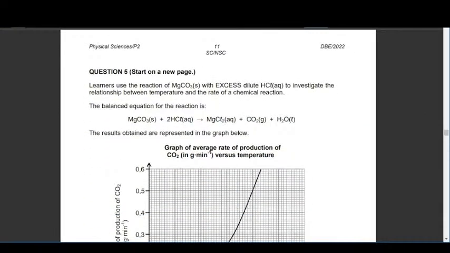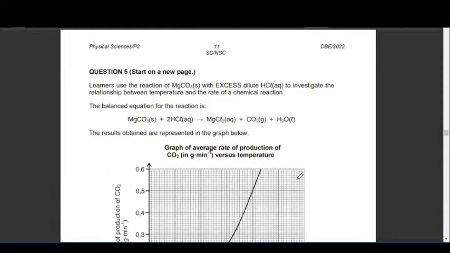So double bond, then put the hydrogens properly. Put them properly. Yes. So that becomes the answer for the structure formula.